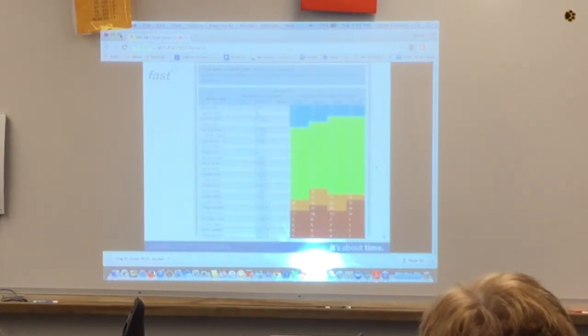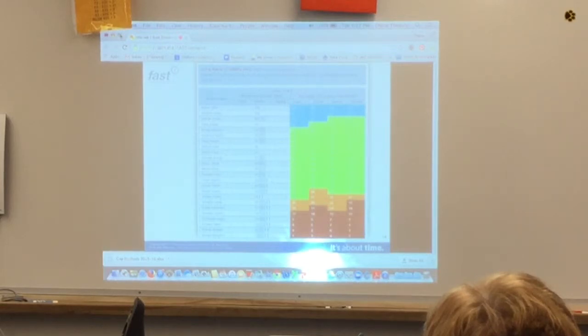This gets at the question you asked, how do you decide who to progress monitor? This is a classroom of 23 children. If you remember, these exclamation points are the indicators of risk: one is some risk, and two exclamation points are high risk.